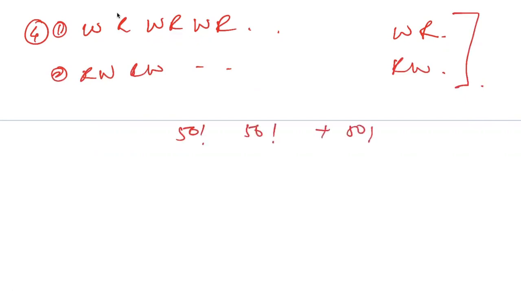Second arrangement again factorial 50, factorial 50. So overall we get 2 into factorial 50 into factorial 50. So increasing and decreasing order.